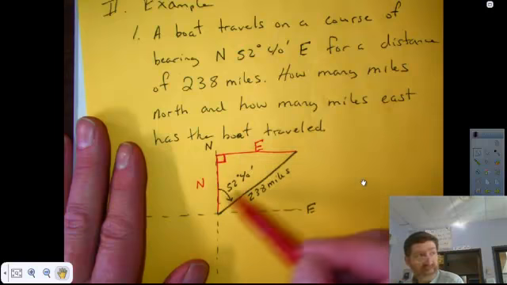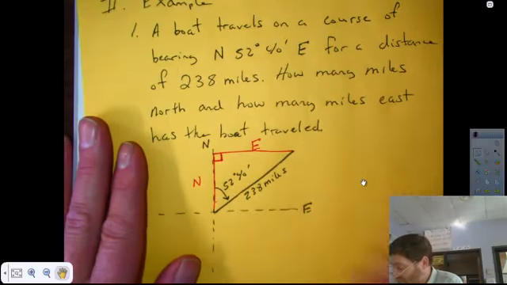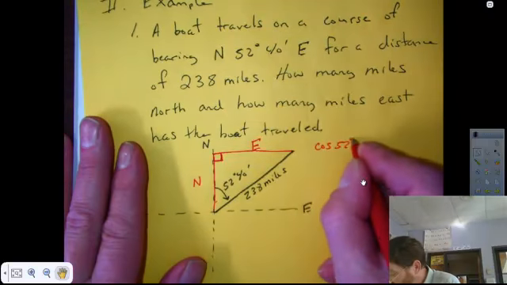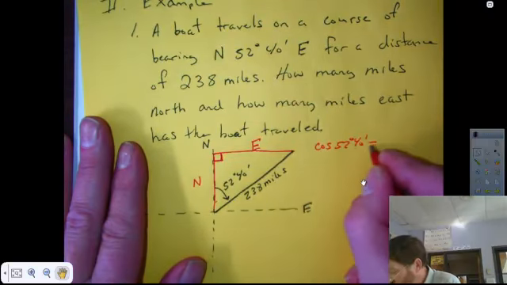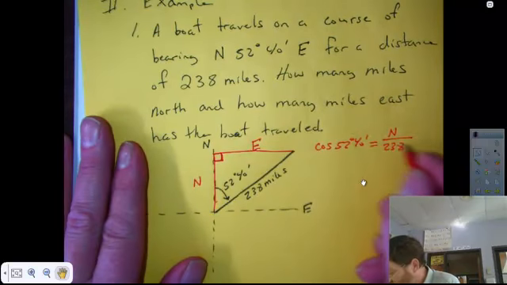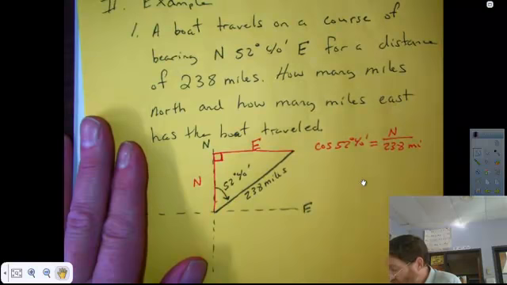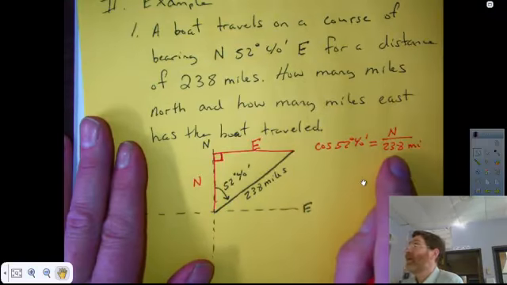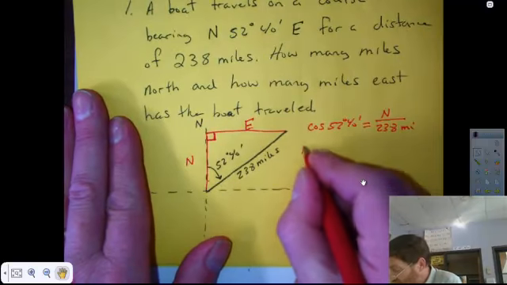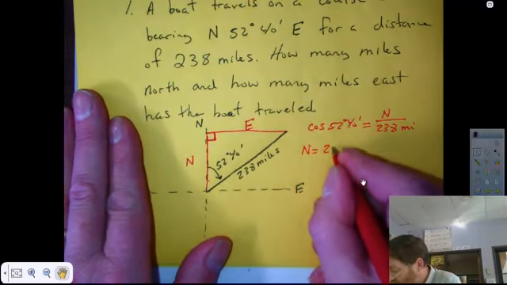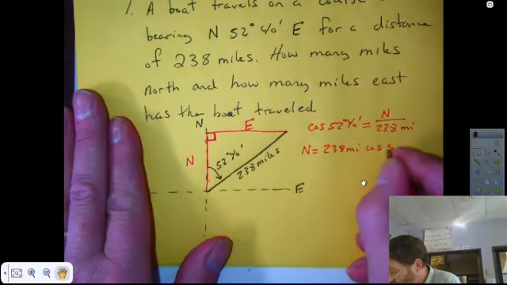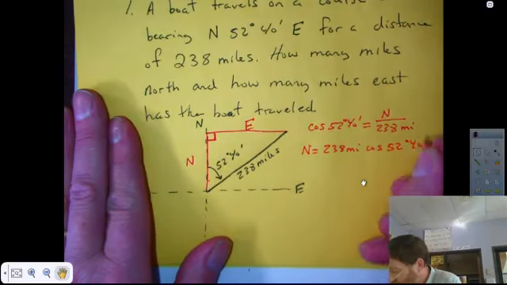Which trig function is that? Cosine. So we know the cosine of 52 degrees 40 minutes is the adjacent over the hypotenuse. If I solve for n, I multiply both sides by the 238. So n is 238 cosine of 52 degrees 40 minutes.